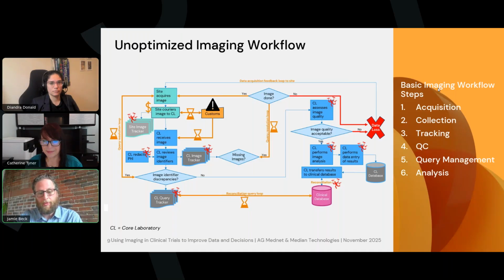There are also multiple data loops where slowdowns can also occur. And also, most concerning, the faulty structure of this process can lead to unanalyzable data. And since the images assessed by core labs are typically used for important decisions such as patient eligibility and endpoint outcomes, data loss is a serious risk and must be mitigated.